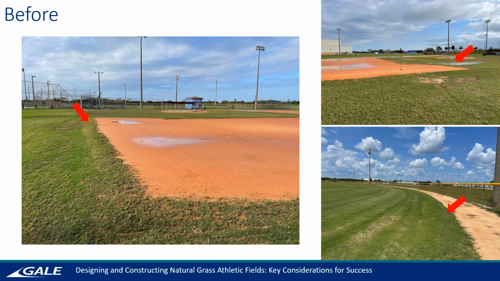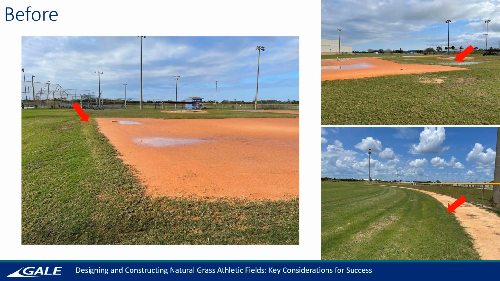What you see here in the photo on the left is basically they were not doing that well of a job, and over time the addition of clay mix and skinned area caused that elevation change, and they weren't doing a good job transitioning from the skinned area to the natural grass area. And over time, that built up a lip, and it built up the clay area.